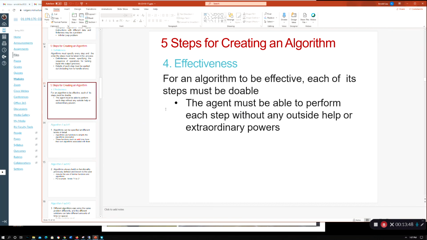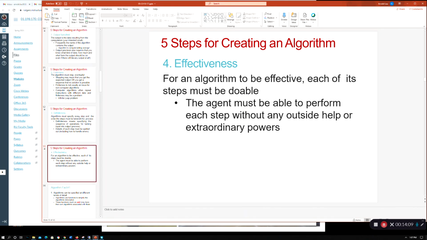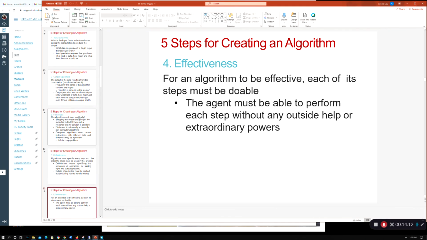You don't need to do that. So the algorithm should be able to stand on its own, okay? And you can do this without any extra special ingredients. Here's the steps, just go do it, and out comes something, okay? So these are the type of things you need to look at to generate your algorithm, okay?